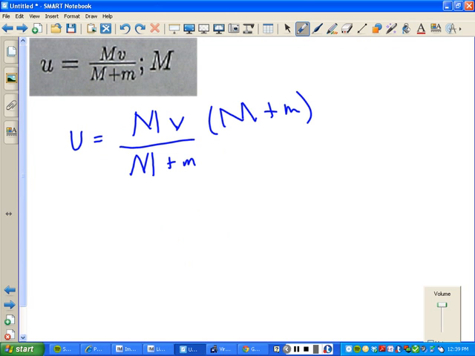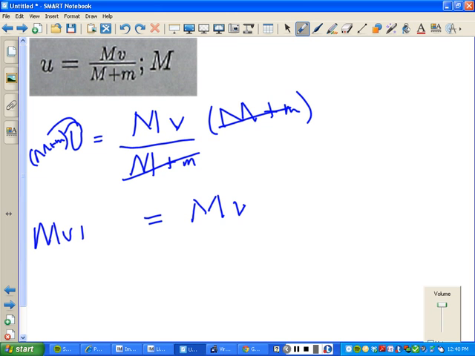No, they're different. One's a big M, one's a little m. That's entirely different. Big M plus little m. Now, notice here they cancel. So you're going to get big M U plus little m U equals big M V.